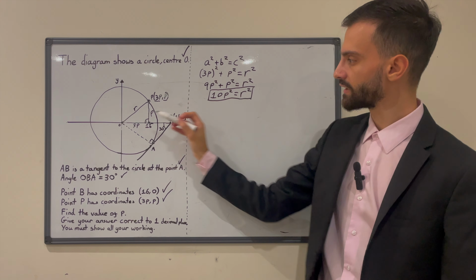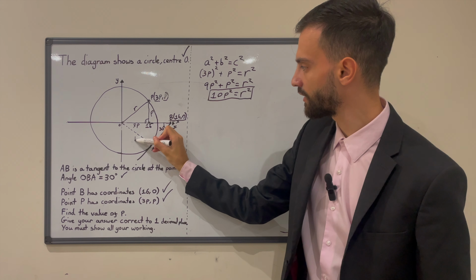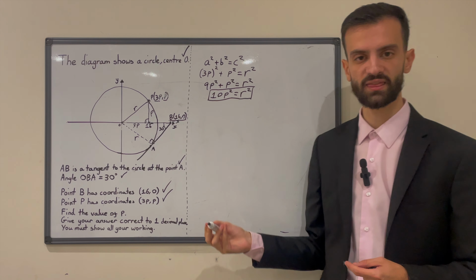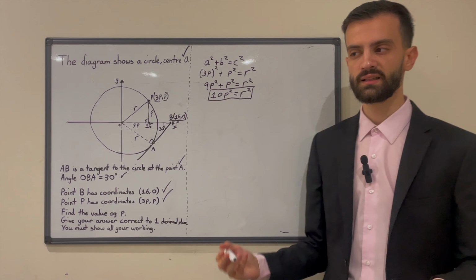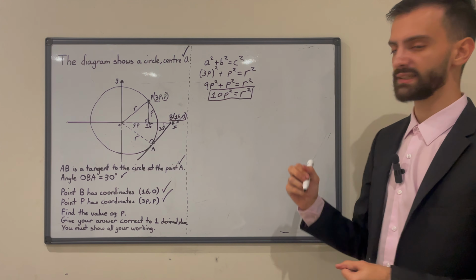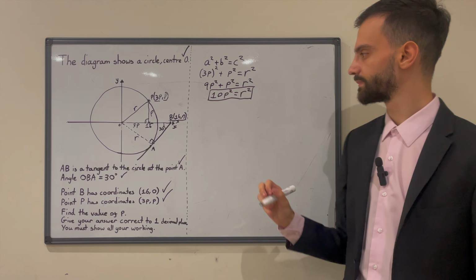And one extra thing, this would also be classified as our radius. So we have a length, we have an angle, and we want to work out another length. We can use trigonometric identities for this to figure out what our r value would be.